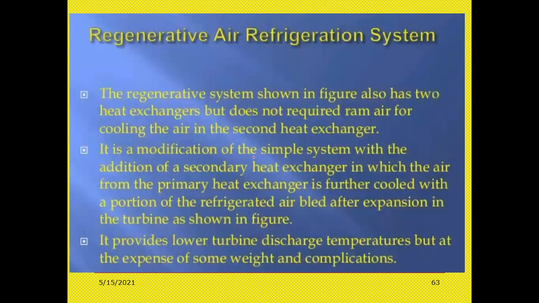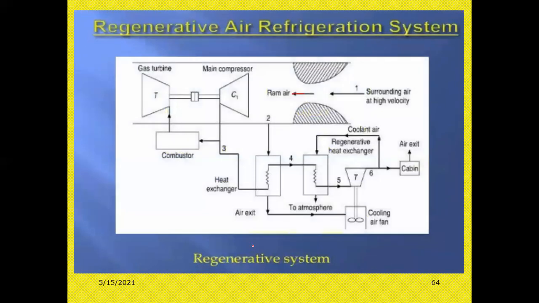It is a modification of the simple air system with the addition of a secondary heat exchanger, in which the air from the primary heat exchanger is further cooled with a portion of refrigerated air bled after expansion in the turbine, as shown here. It provides lower turbine discharge temperatures but at the expense of some weight and complications. So this is a simple line diagram of the regenerative type of refrigeration system.